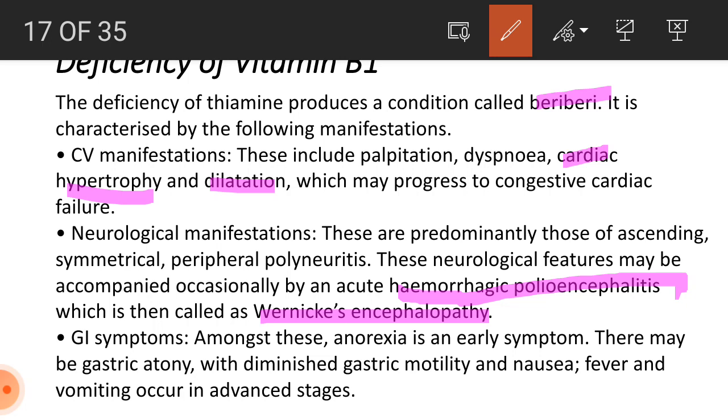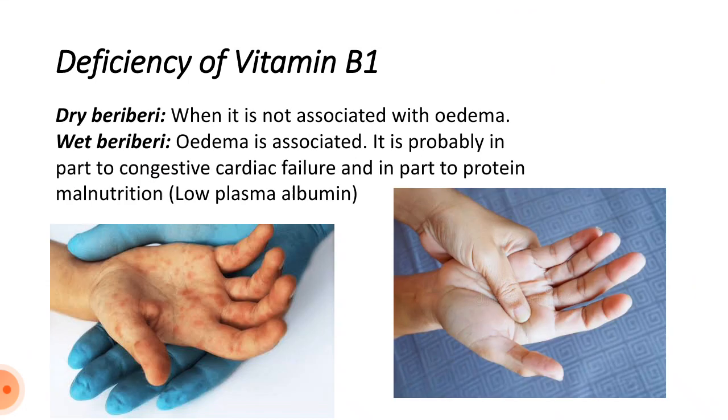GI symptoms are anorexia. There may be gastric atony with diminished gastric motility and nausea. Fever and vomiting occur in advanced stages of deficiency of vitamin B1.